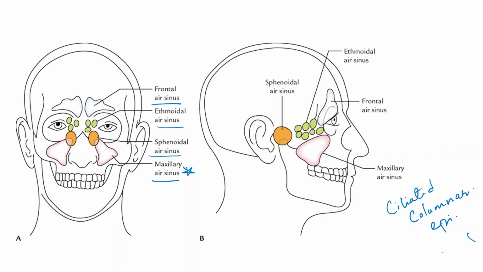The functions of the paranasal air sinuses are mainly, number 1, the paranasal air sinuses act as the air conditioning chambers, as the contained air within the sinuses adds humidity and temperature to the inspired air.